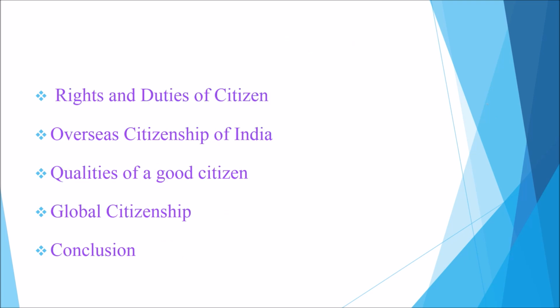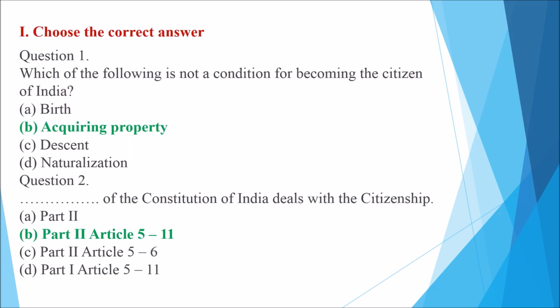Next, we have discussed about rights and duties of citizen, overseas citizenship of India, then qualities of a good citizen, then global citizenship. Finally, we have seen conclusion part. Now, we are going to revise the book back questions with answers.